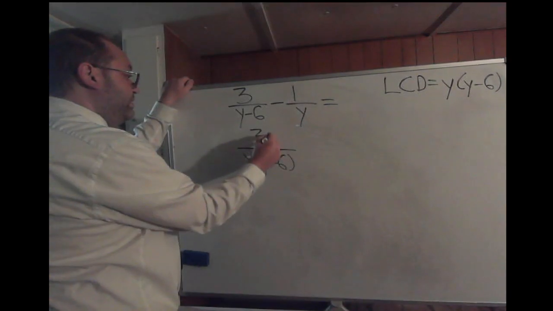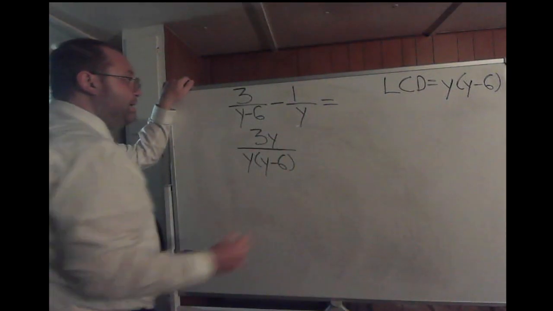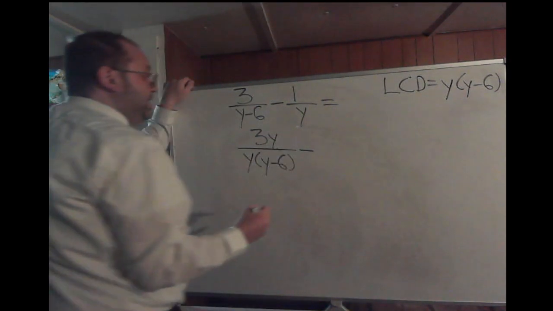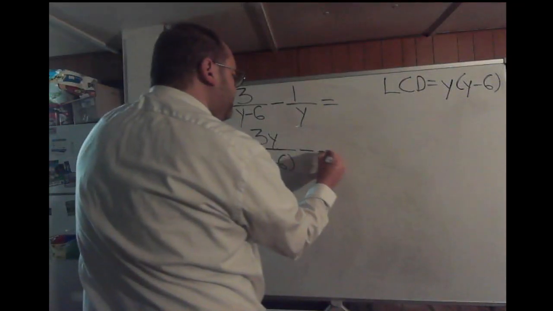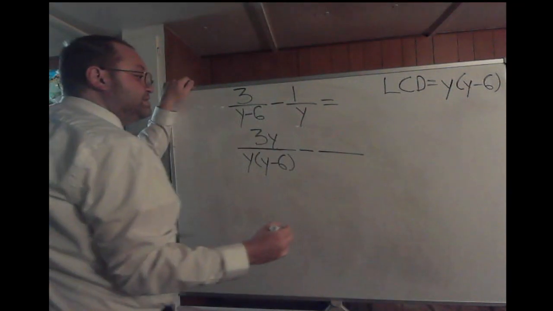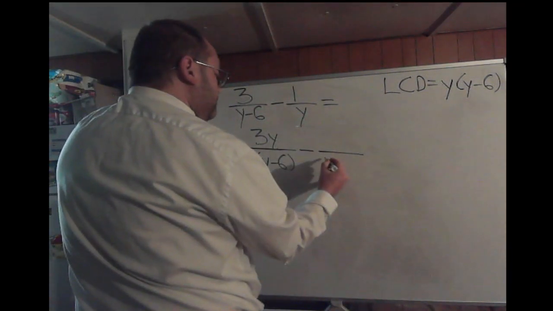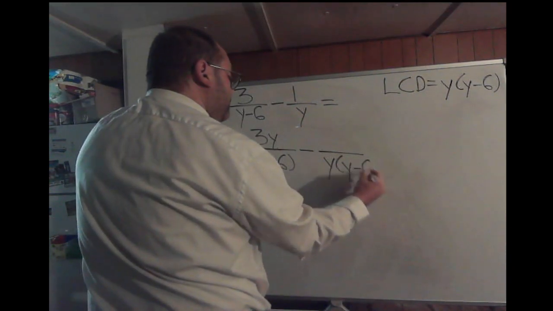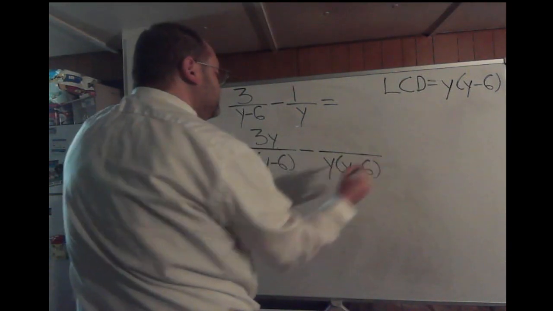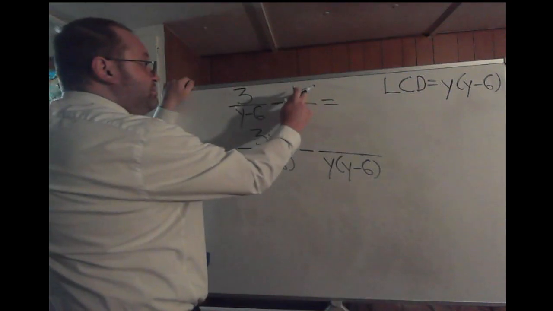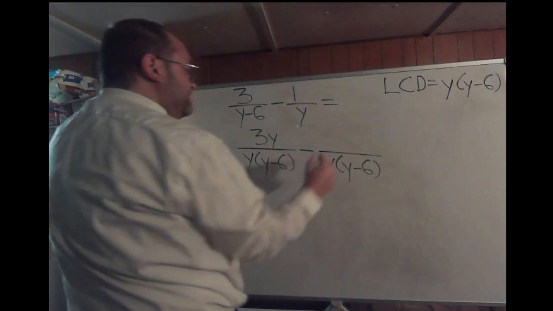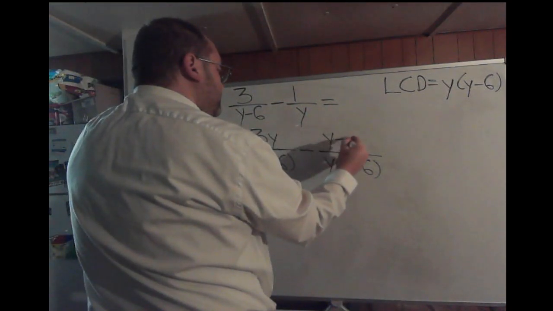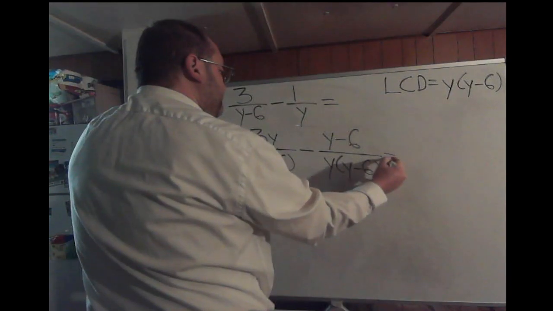Well, you would get 3y minus, okay, we want to turn that denominator of y into y times y minus 6. Well, you just multiply times y minus 6, which means you got to multiply that 1 times y minus 6. You'll get just that, y minus 6.